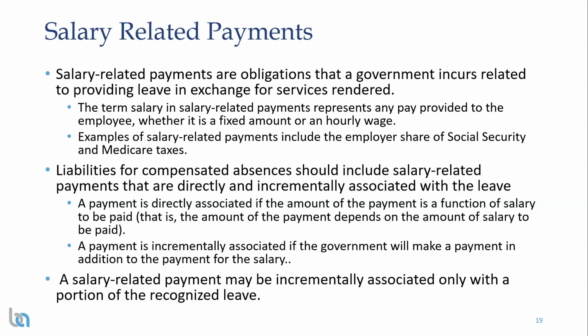So if you're looking at it and saying, okay, we anticipate that 60% of the hours are normally used for vacation, 40% are cashed out, then 60% of the hours should have related payments relating to contributions to the deferred comp plan, and 40% of the hours should not have those related payments. That's what they mean by one portion may have the related payments, another portion may not. Again, these are all the rules that you're going to set at the beginning of the year. What is more likely than not?